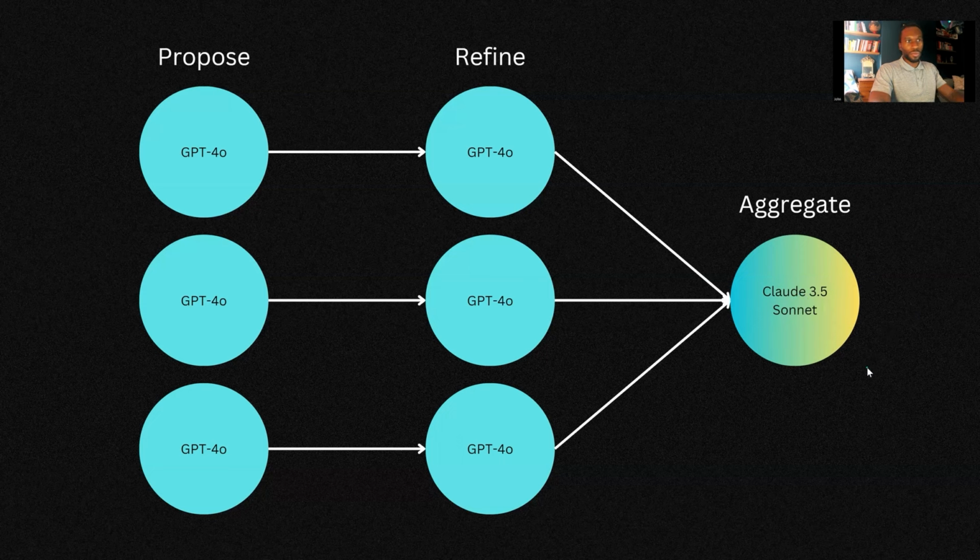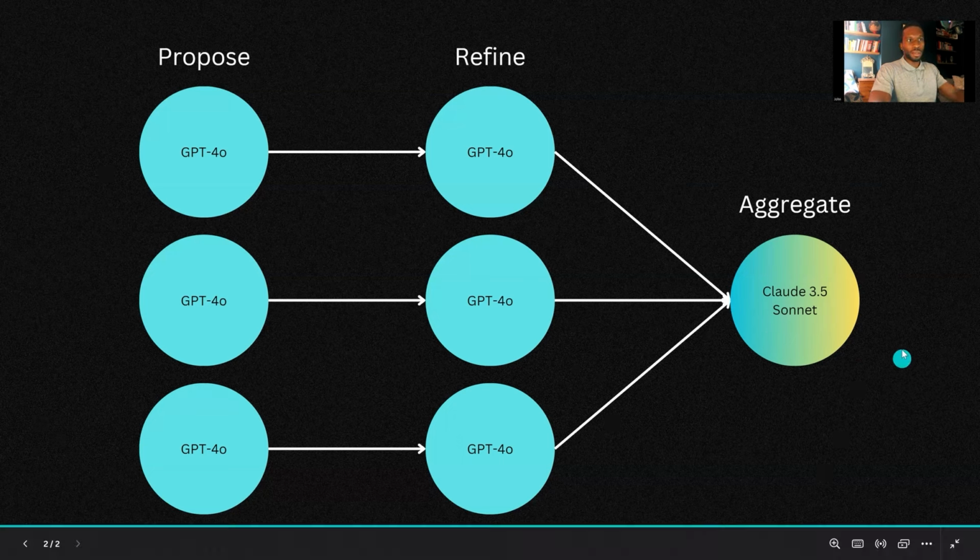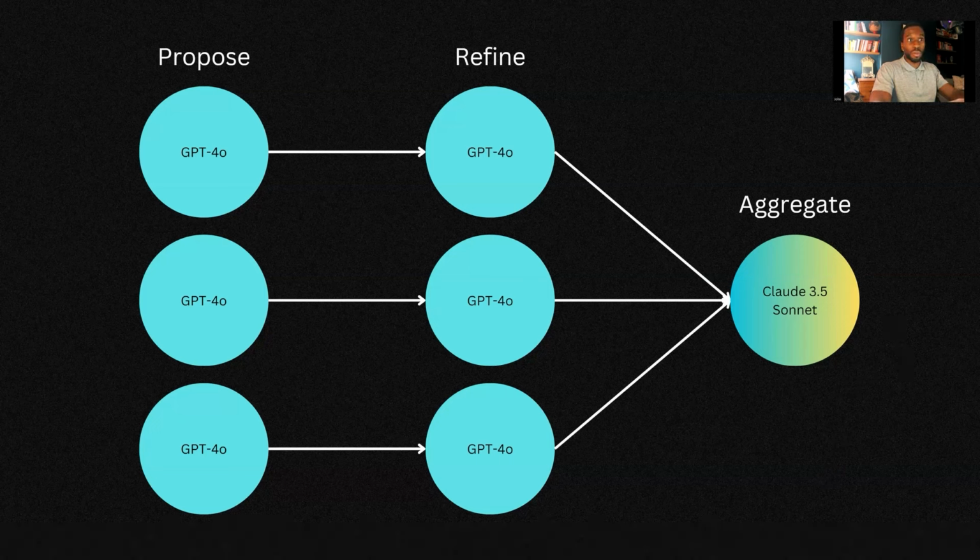I will say that 3.5 Sonnet obviously hasn't been tested in the mixture of agents paper because it came out after the paper came out, I believe. But this is my approach to the mixture of agents problem, to try and see if we can get better performance out of this chess engine. Next, I'm going to show you how the mixture of agents actually performed against our Stockfish chess engine.